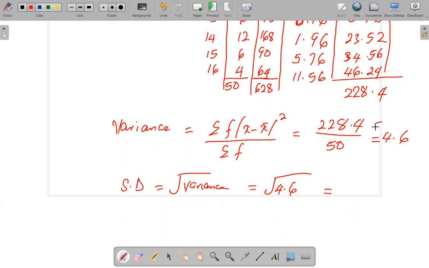My actual value here is 4.568. So instead of taking the square root of this final approximated value, I'm going to take the square root of that number, 4.568. And the square root of 4.568 is 2.14.